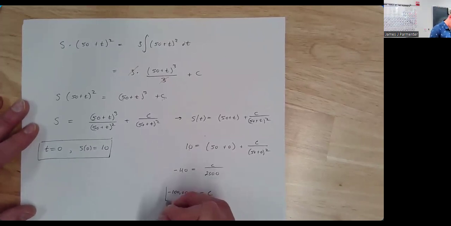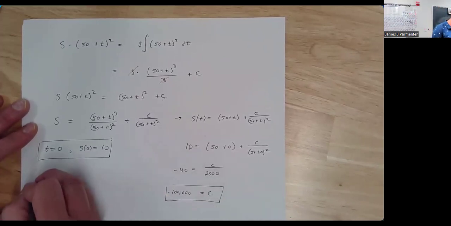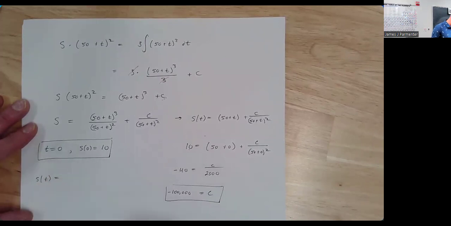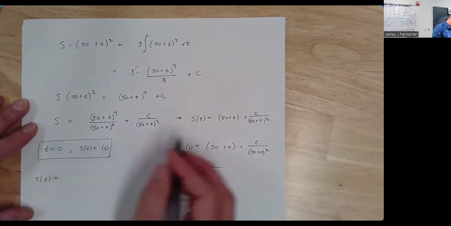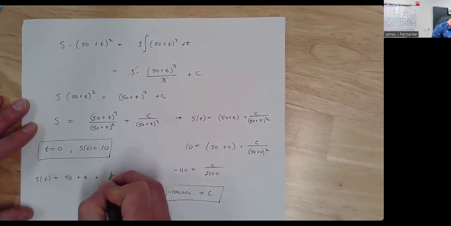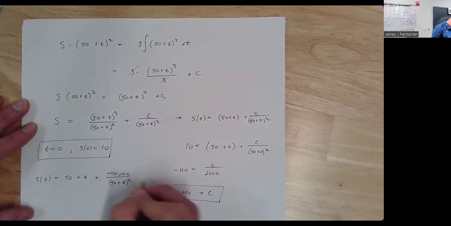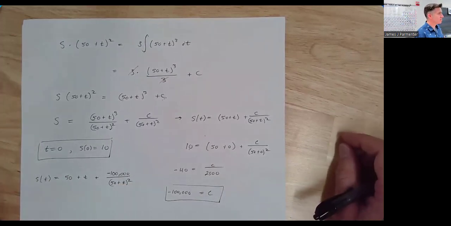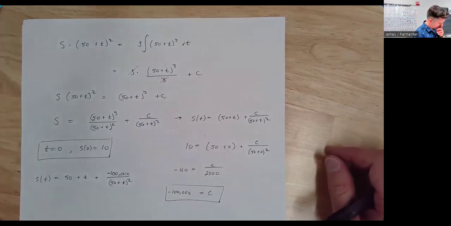It's weird, but fine. So our solution to this differential equation is the amount of salt is 50 plus t plus, sorry, negative 100,000 divided by 50 plus t squared. Kind of gross, but totally fine.